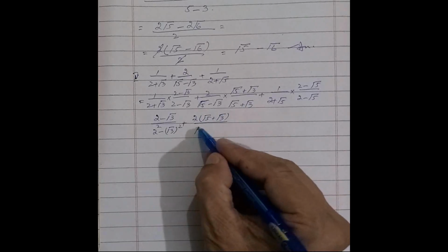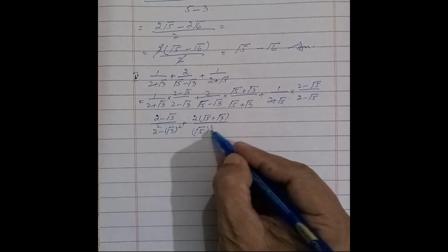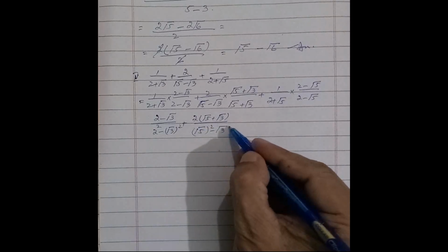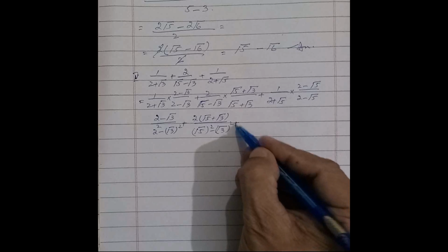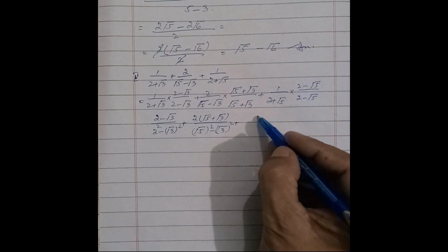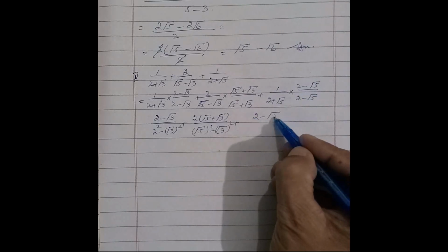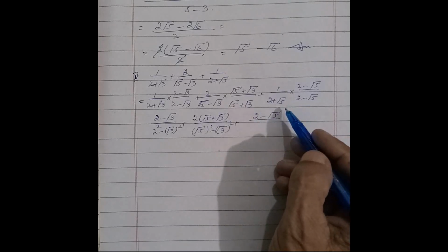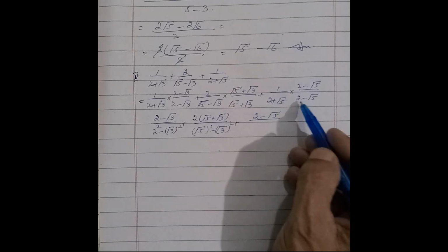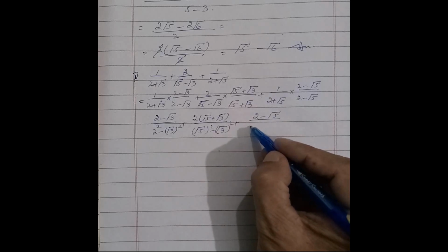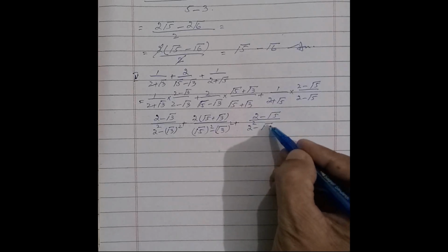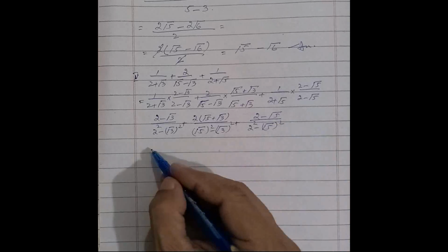The answer is a square minus b square. And the third part, 2 minus square root 5 over, with the denominator, a plus b into a minus b. The answer is a square minus b square.